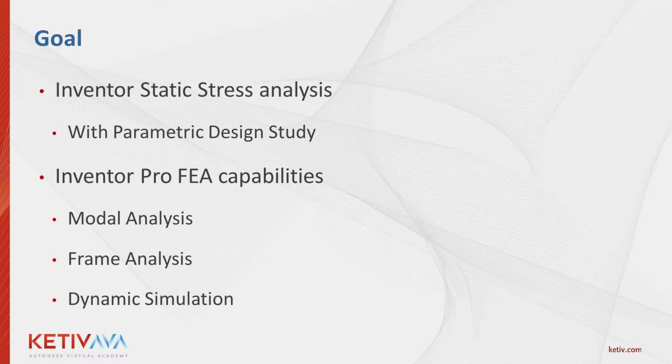And since we only have 30 minutes, that's going to be the focus of today, but I do also want to go over some other capabilities you have inside of Inventor Professional, which is Modal Analysis, Frame Analysis, and Dynamic Simulation. So we'll bring up a few quick examples and show you what you can do inside of there as well.